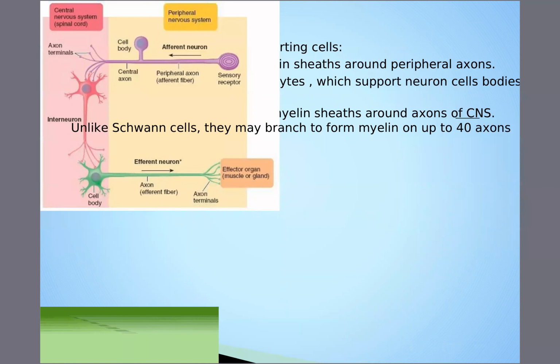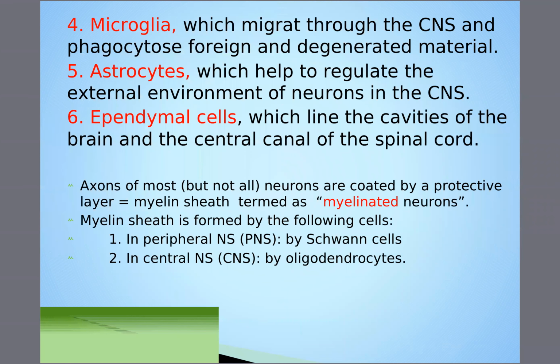We have the microglia, which migrate through the central nervous system and phagocytose foreign and degenerate material. We have astrocytes. These are the supporting cells, which help to regulate the external environment of the neurons in the central nervous system.